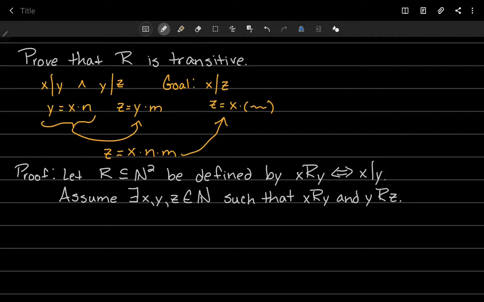So there I'm just stating my hypothesis part for transitive. I have to assume those two facts. Then x divides y and y divides z. That's the definition of R, so we're good.